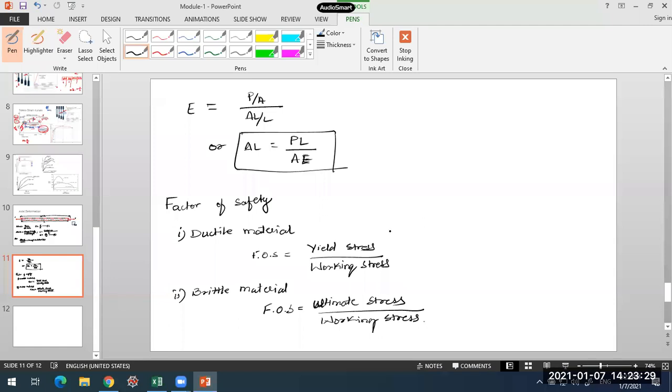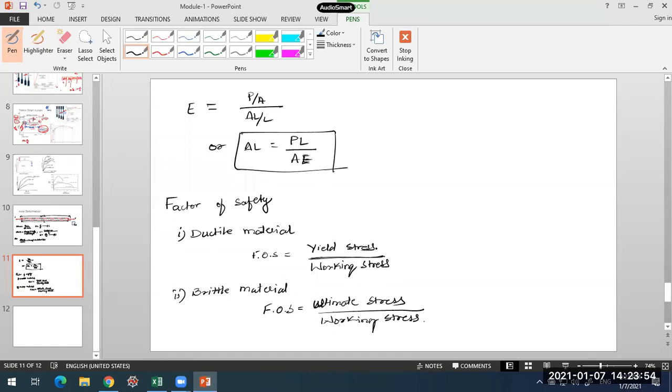In case it is a ductile material, we are not only looking into the failure of the material. The deformation in the member should also be within the limit. Before the member fails, it will undergo a large amount of deformation.